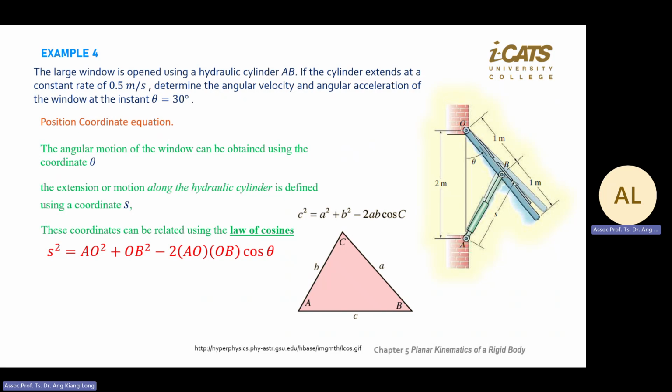A is your OA, OB square, OB is your b, okay? So this is a, this is b, or it's the same, actually it's the same, either a or b. Minus 2ab, so a is OA, b is OB, cos theta. Theta is your C. Yeah. So you just translate the law of cosine according to the diagram.